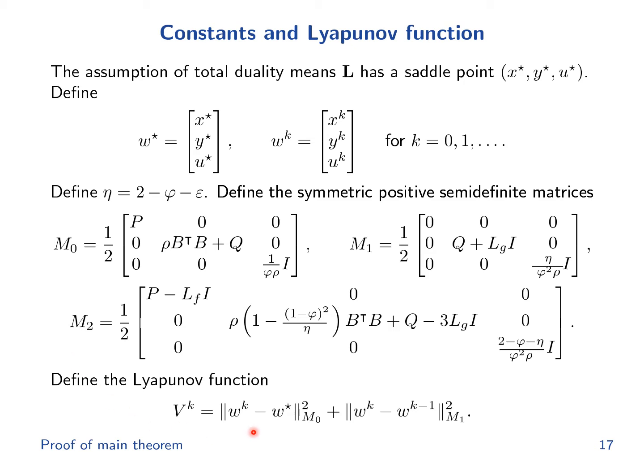To clarify, this norm is the sum of the norm between x star and xk induced by half times P, and the norm of y star minus yk induced by half times this matrix, plus the norm of u star minus uk induced by this matrix with half in front of it.